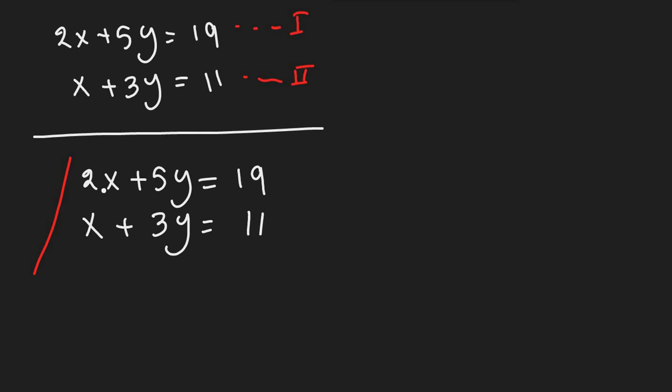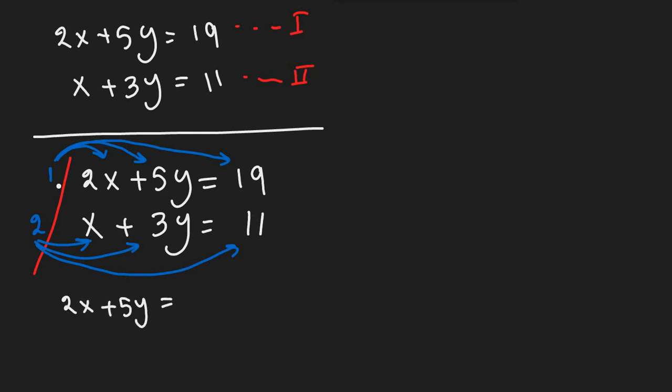Here it's 1. I will put this one up because I want to eliminate x, and here we have 2. I will multiply 2 with all. So we have to multiply this 1 with all parts of the first equation, and the same with this one in the second. 1 times 2x, it's 2x. 1 times 5y, it's 5y, equal to 1 times 19, it's 19.